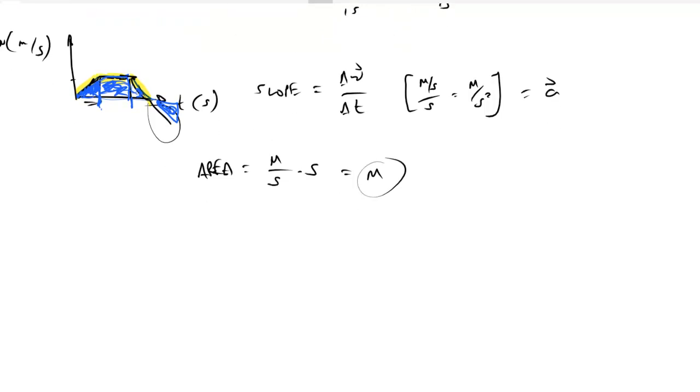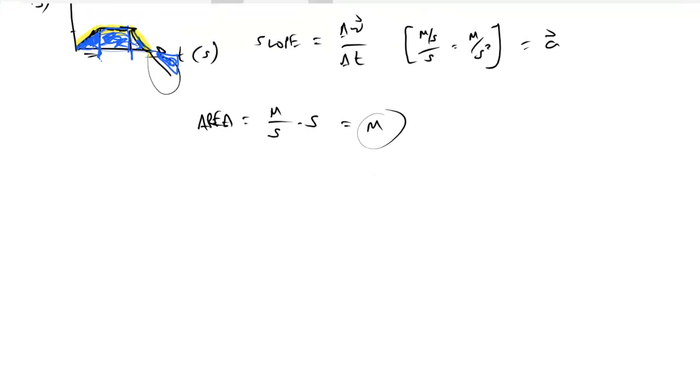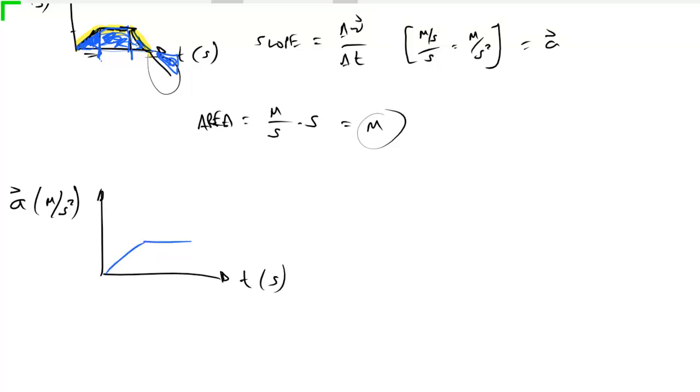And let's also look at an acceleration versus time graph. So let's say we have acceleration here in meters per second squared, and then we have time in seconds, and I'll just have the same shape here. We won't really deal with the slope of acceleration versus time. This is something called a jerk, but that's beyond the scope of the class.